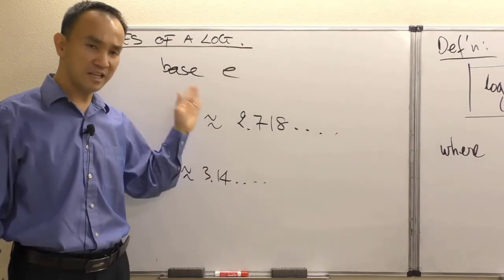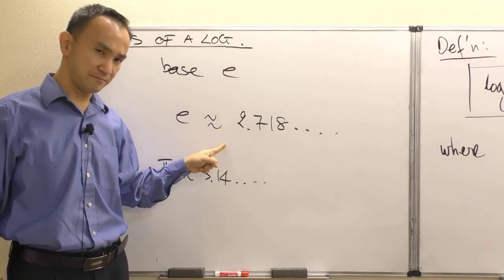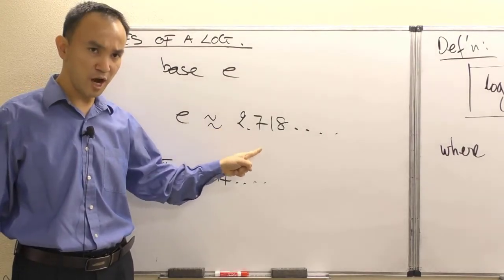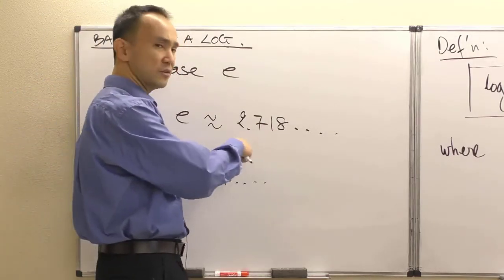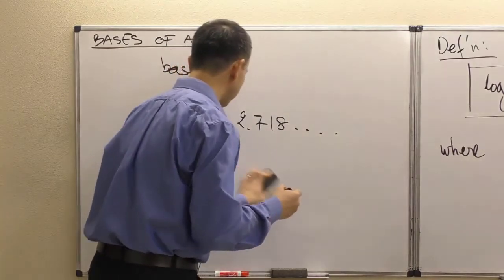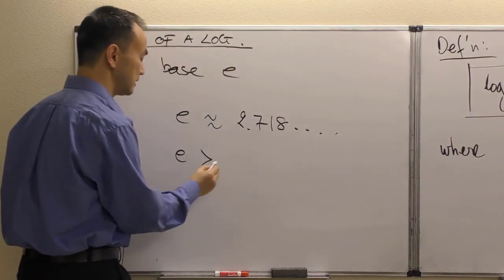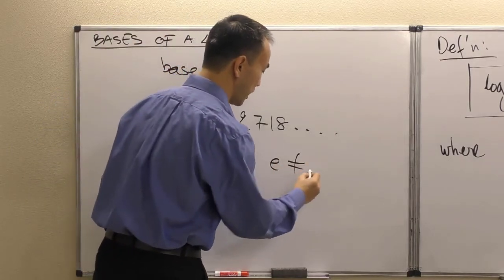But at this point, we only need to keep that e is a known constant in modern math, with the value approximated here. Surely e is positive, and surely e is other than 1.